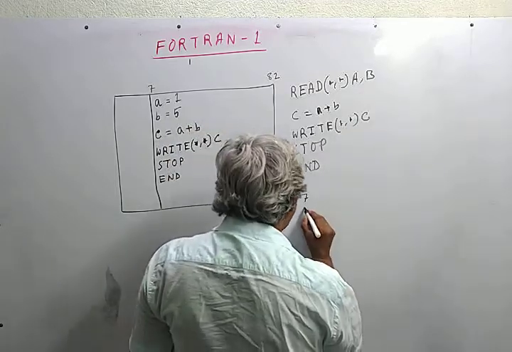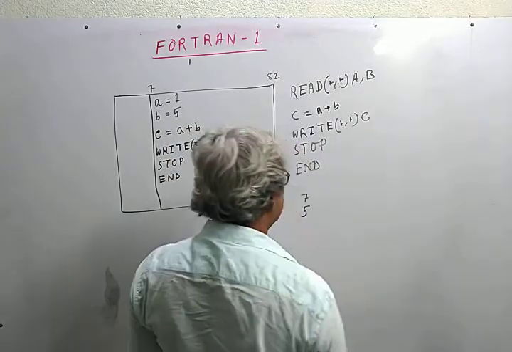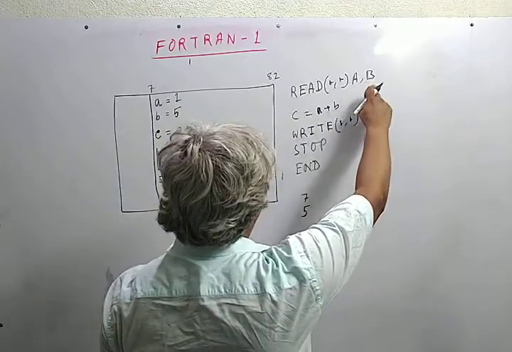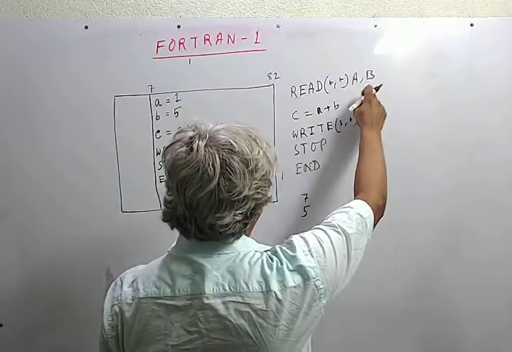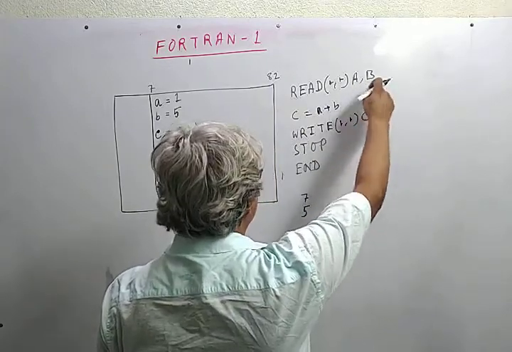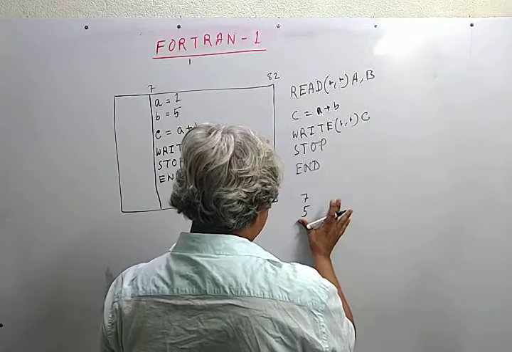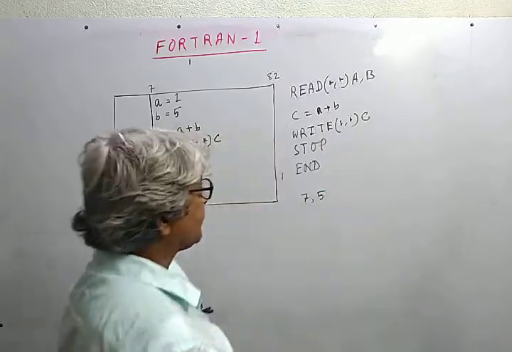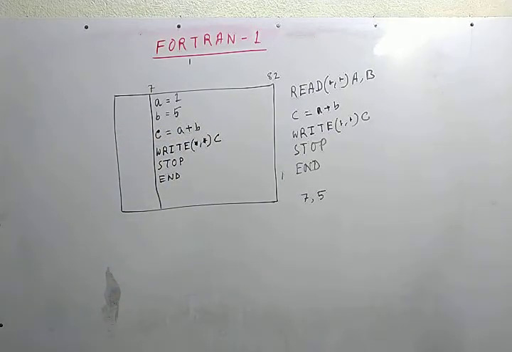One way of supplying B is on the next line, but this is not a fair way. We have instructed the computer that A and B will be provided along a row, separated by a comma. So it is the right way to provide the values in this way.